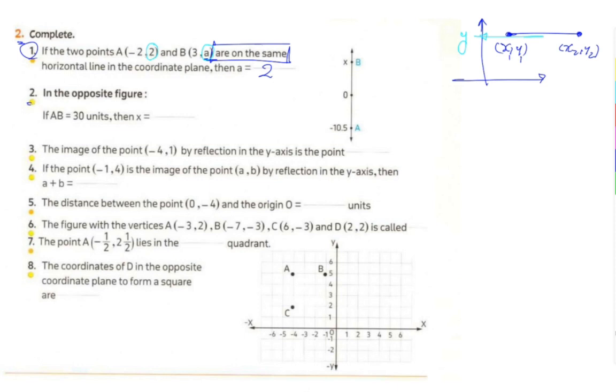Number 2, in the opposite figure, if AB equals 30 units, then what does x equal? Let's look here. A is -10.5. B is unknown, x. And we have 0 here, so this line seems to be a vertical line crossing the origin.